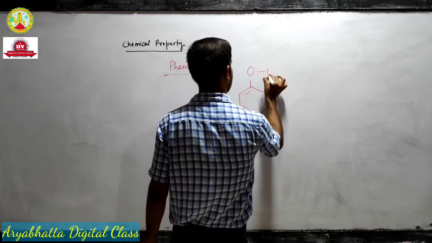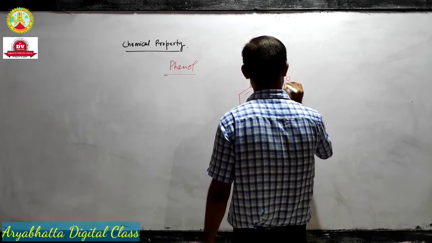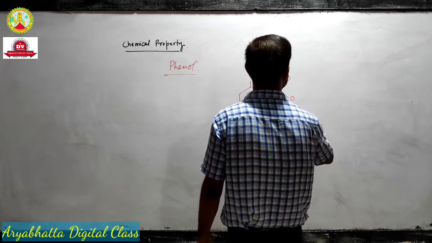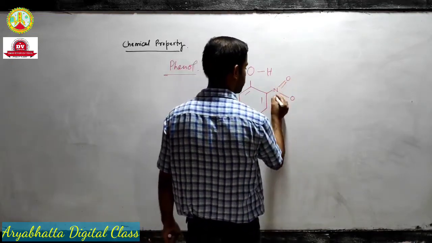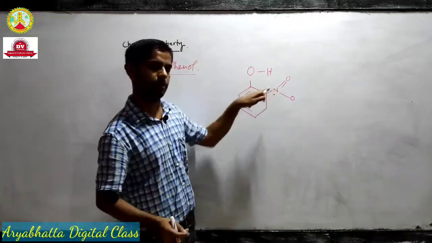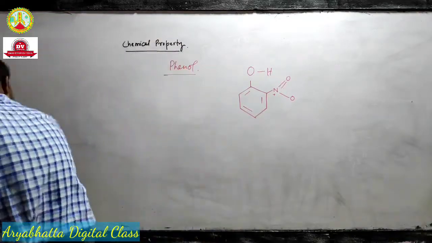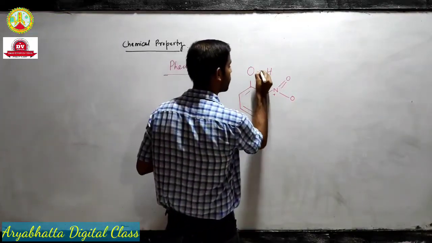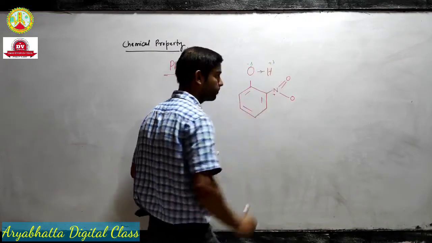So we have an OH bond and we have a nitro group. We know that this bond is polar in nature, oxygen is more electronegative. At the same time, this bond is also polar.